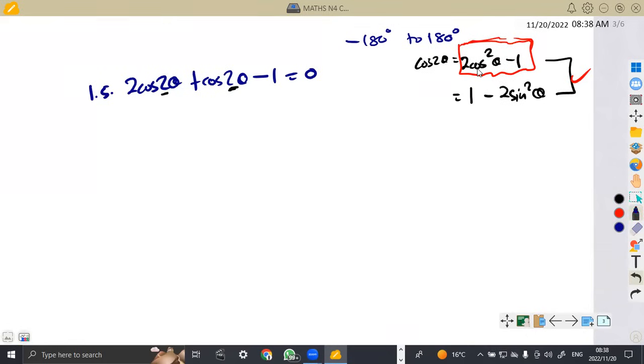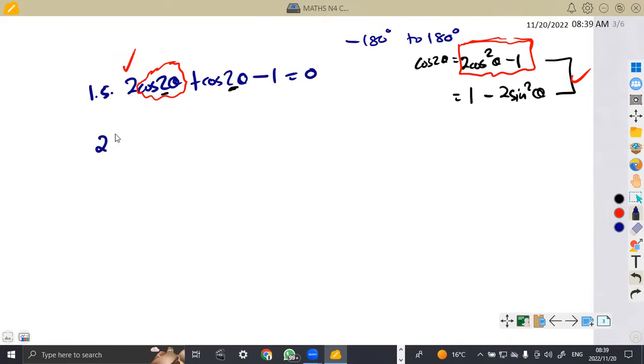Cos 2 theta is the same as 2 cos squared theta minus 1. So here we've got cos 2 theta on this part. Okay, let me just indicate properly. Here we've got cos 2 theta, but take note it is being multiplied by 2, which is already there.